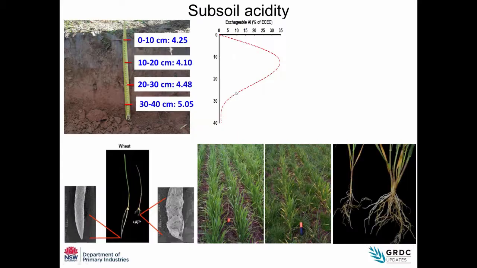Subsoil acidity is important because high aluminium concentrations in the subsoil give the plant roots a deformed morphology, which is not capable of going down anymore. Most of the subsoil acidity is in that 10 to 30, 35 centimeters, so we really need to target that area to look at the possibility of removing that acidity from the active root zone.